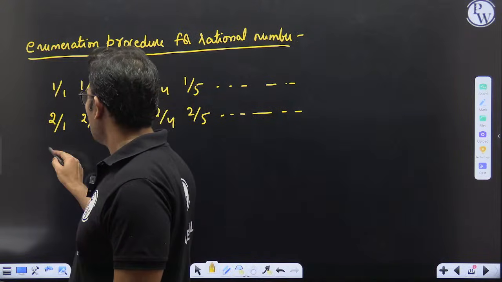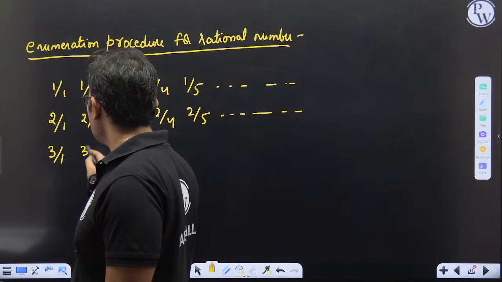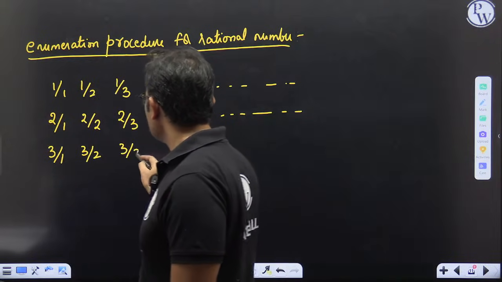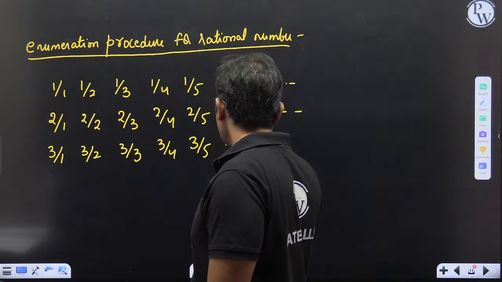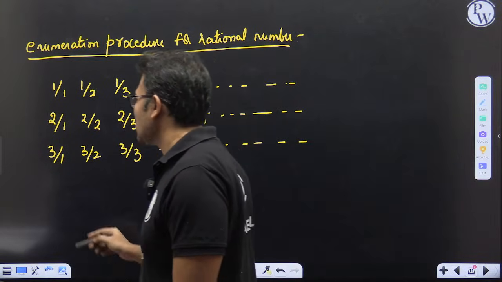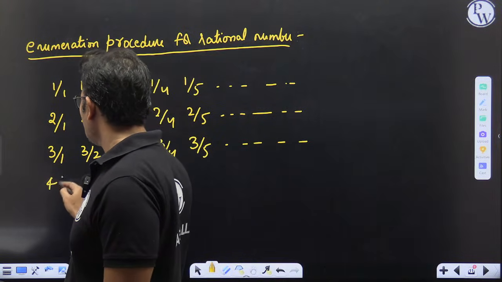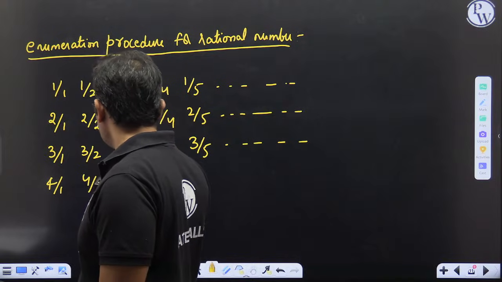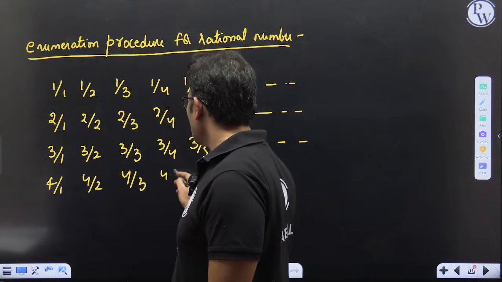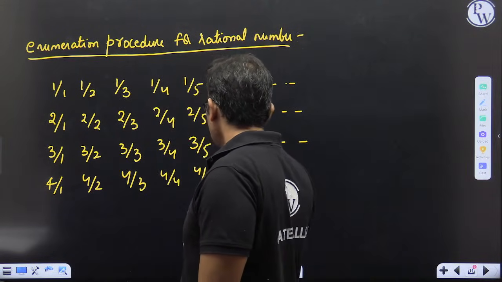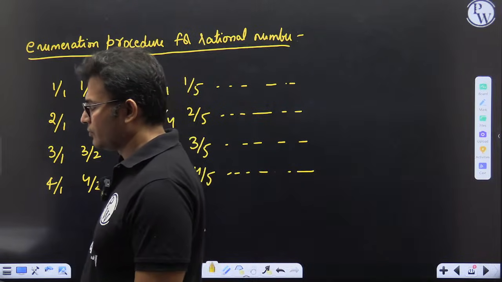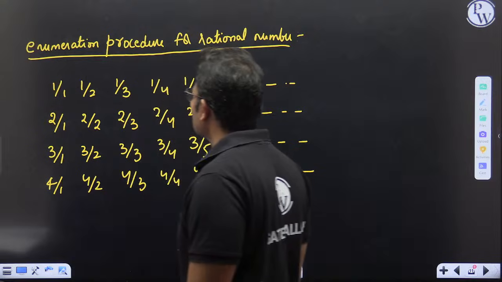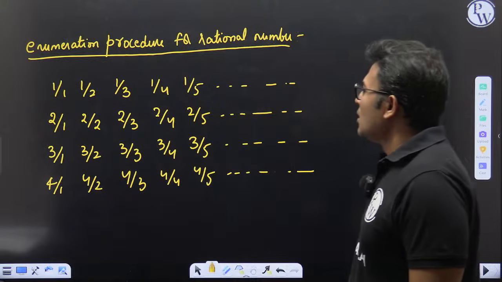And then 3 by 1, 3 by 2, 3 by 3, 3 by 4, 3 by 5, and so on. You get negative numbers as well, okay? And then 4 by 1, 4 by 2, 4 by 3, 4 by 4, 4 by 5, and so on, right?